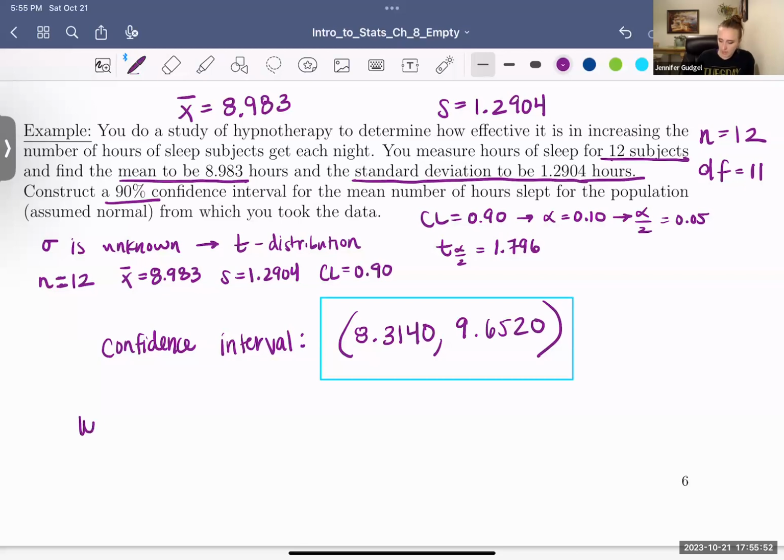We estimate, with 90% confidence. That's us saying, hey, we're 90% sure, or there's a 90% chance or a 90% probability that the actual population mean is between these values.